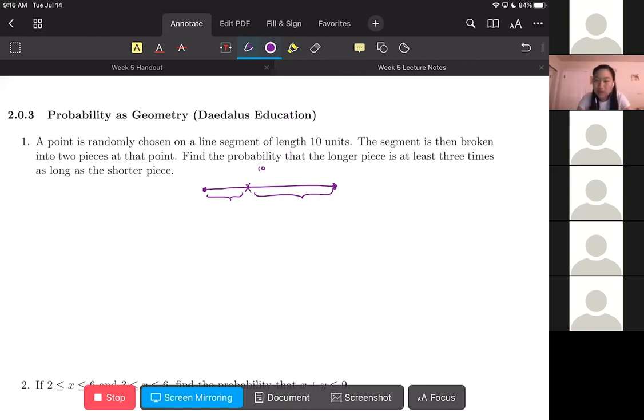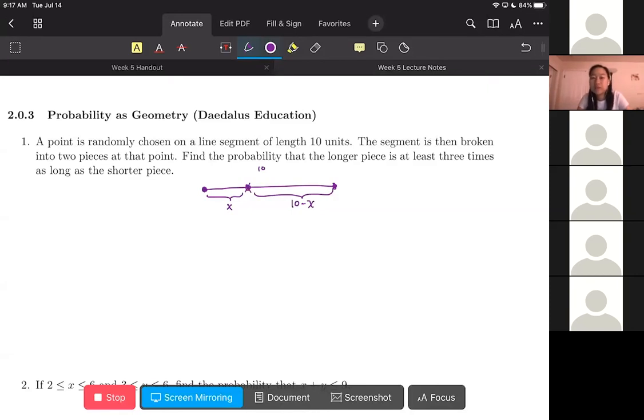Another way you could do this that's a little bit more systematic is let's say we draw the point at some point where the distance from the left side to that point is x. And then as the first person said, this needs to sum to 10. So the length of this one needs to be 10 minus x.